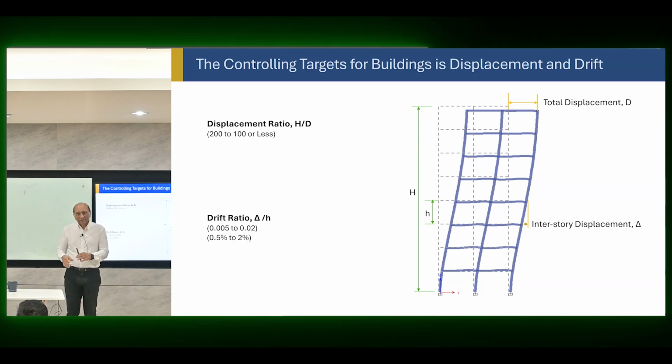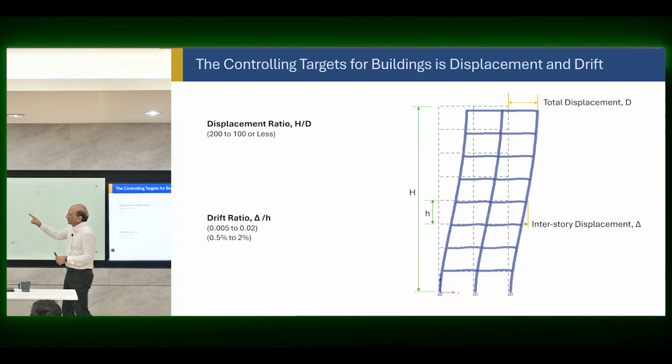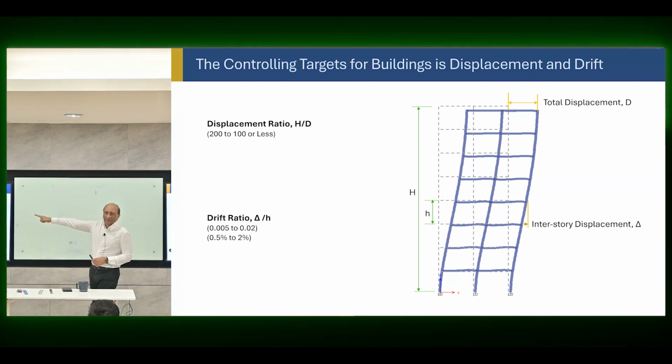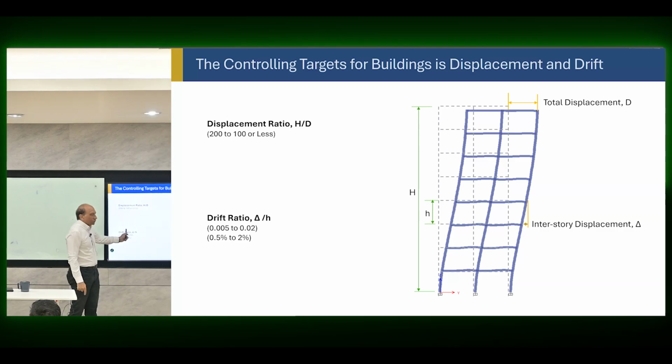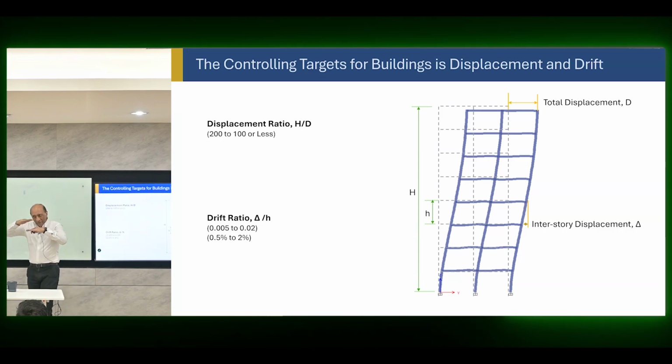But we use different indicators for different loads. For wind, we normally use the first one, and for earthquake, we normally use the second one. Wind we also use, but we normally control at the top. For earthquake, we control between two floors.